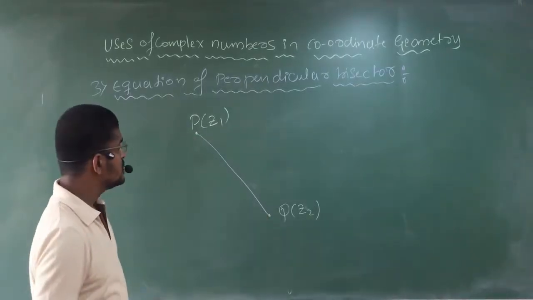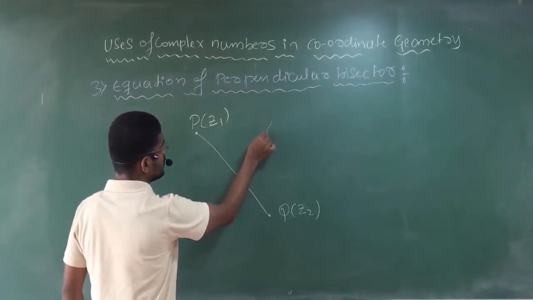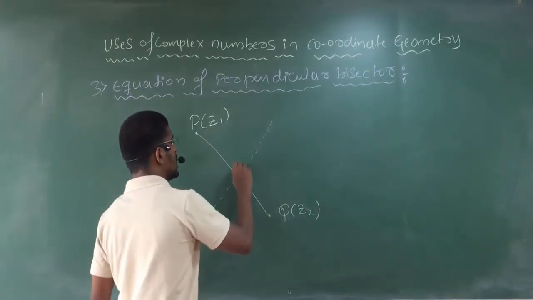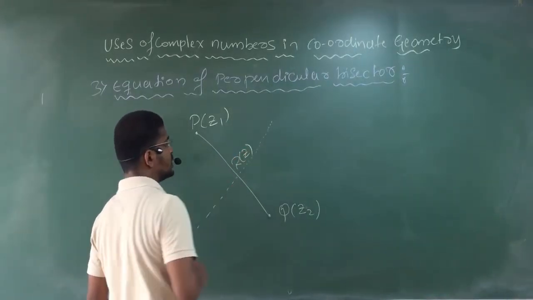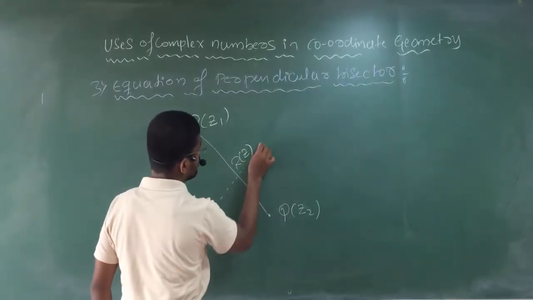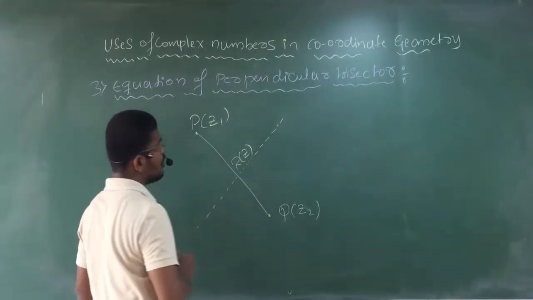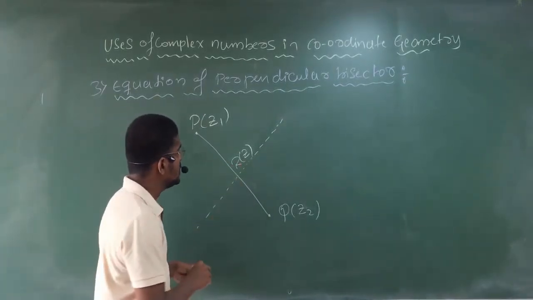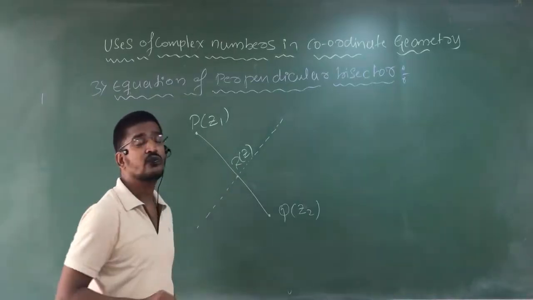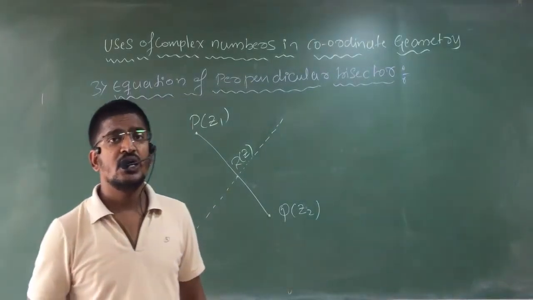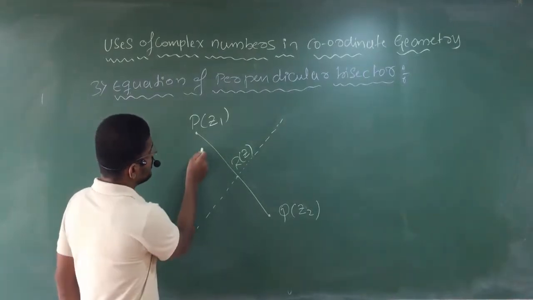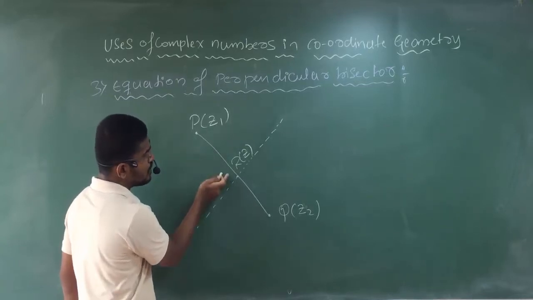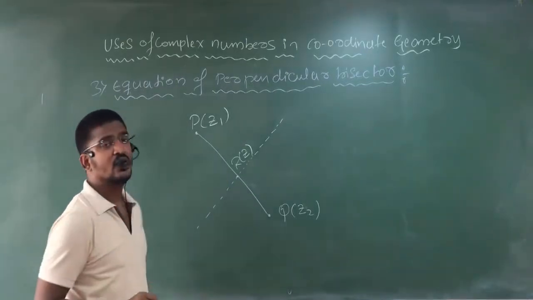So now the perpendicular bisector will be the locus of the point R of Z. You can call it the locus or the path of the point R of Z. The path of R of Z is always such that the length PR equals QR.